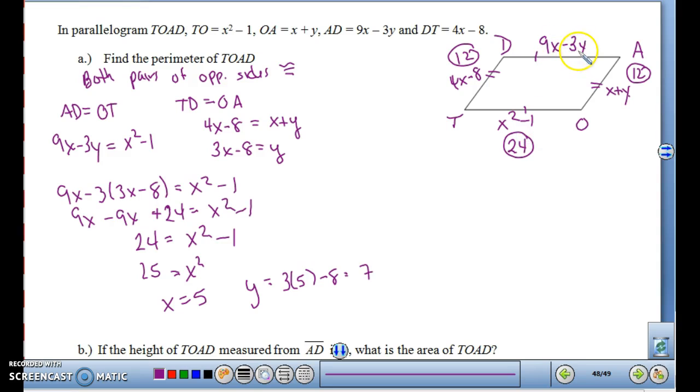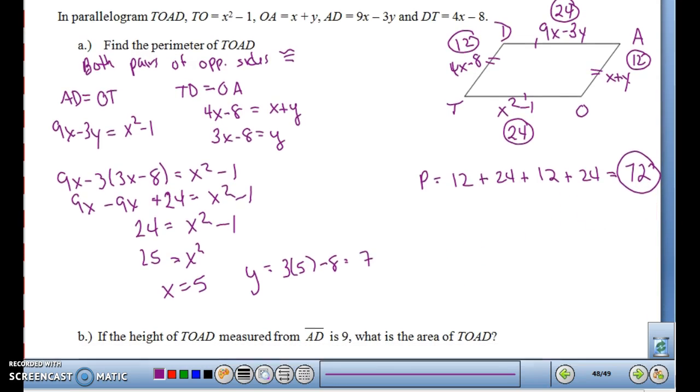And if we did this correctly, this should also be 24. Let's see. 9 times 5 is 45. 3 times 7 is 21. 45 minus 21 is also 24. So that means my perimeter is the sum of the four sides. And so 12 plus 24 plus 12 plus 24 is 72. So your perimeter is 72.